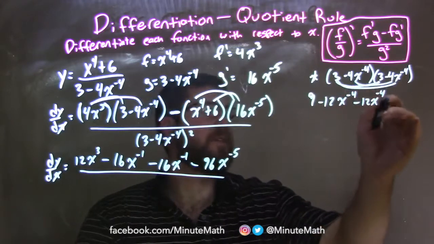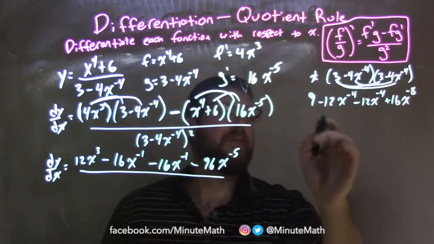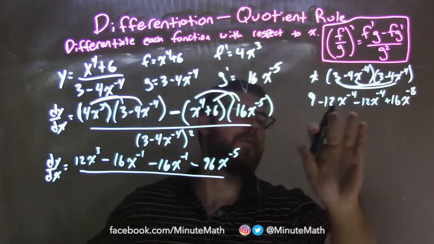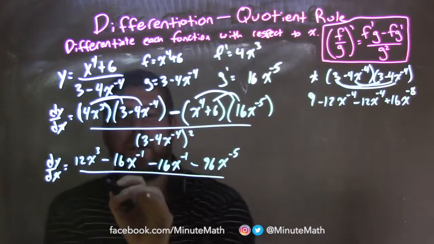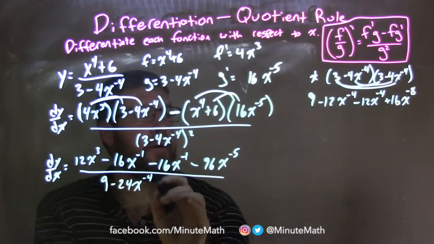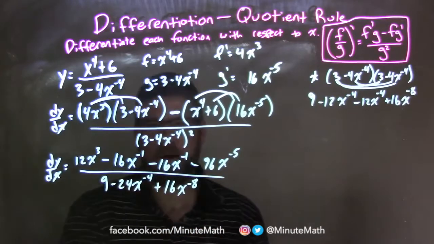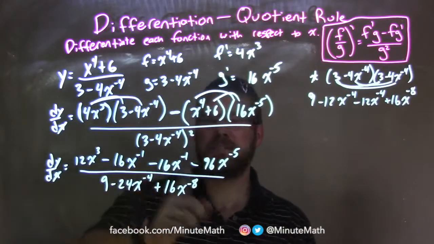Then negative 4 times negative 4 is a positive 16, and that's x, we add the exponents, to the negative 8 power. Okay? So if I combine these two, to get negative 24 there, we have 9 minus 24x to the negative 4th power plus 16x to the negative 8. Okay? Well, at this point, I can simplify this a little bit.